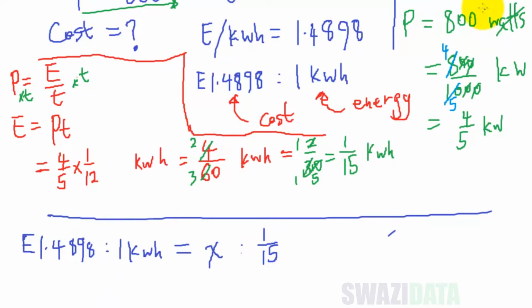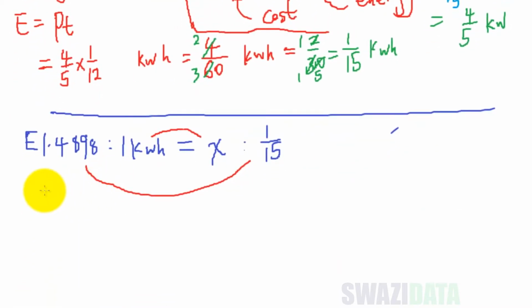To solve this, you multiply the extremes with the means of the ratio, as long as the order is maintained: cost to kilowatt hour equals cost to kilowatt hour.